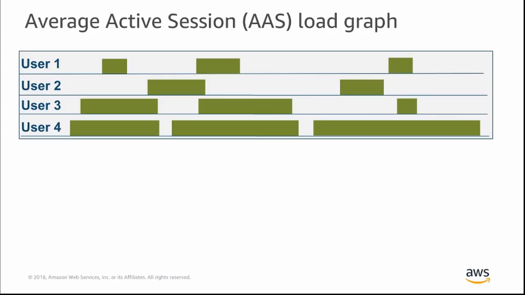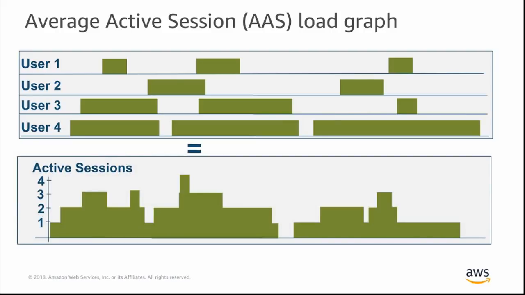So here I can see at a glance what kind of activity is happening on the database, how much load there is. And what we do graphically in the dashboard is we basically just stack that activity. This gives us a clear view of the concurrency of activity on the database, which gives us a view into how loaded the database is.